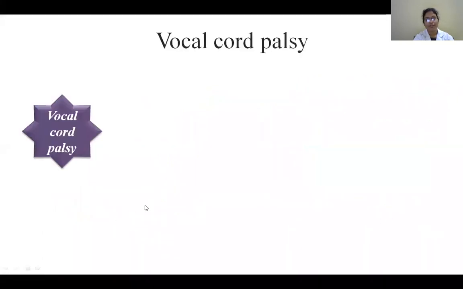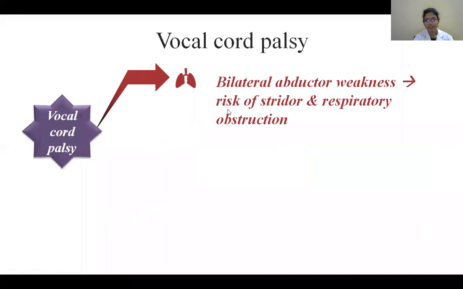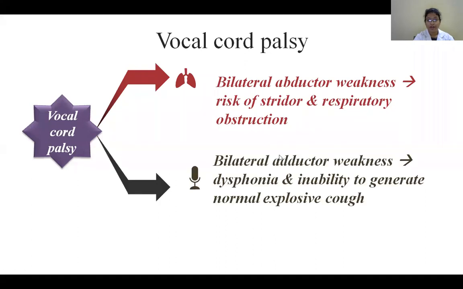Now, this vocal cord palsy is of two types. If there is bilateral abductor weakness, the person may have risk of stridor and respiratory obstruction. Or if there is bilateral adductor weakness, the approximation of the vocal cords would be affected.